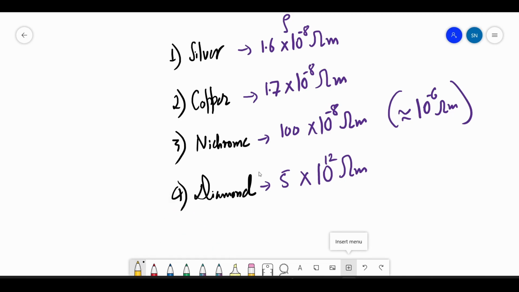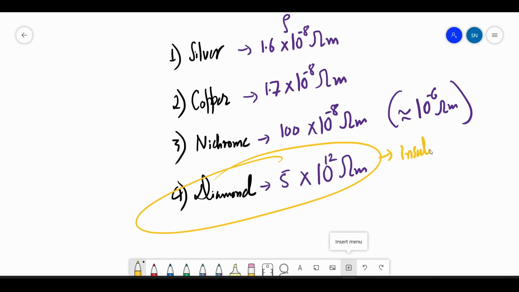Sir, diamond. The resistivity is so huge, 10 raised power 12. It's 5 million million ohm meter, right? So, therefore, diamond is an insulator because of its huge value of resistivity.